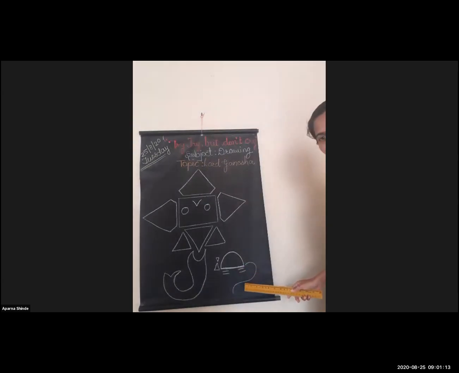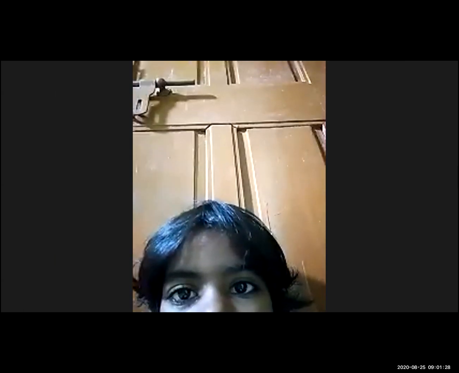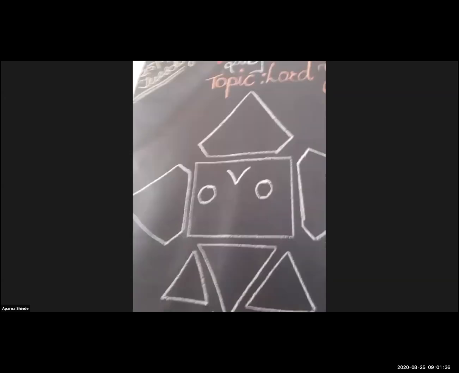So can you see what is this? Which is this shape? Can you see? Mushak. Yes. This is a friend of Ganesha. This is the picture of Lord Ganesha.